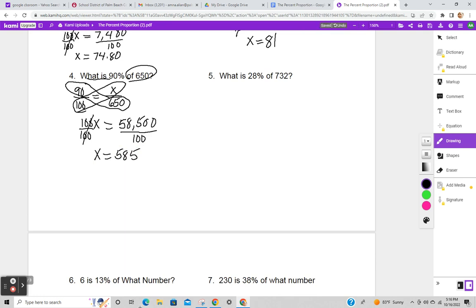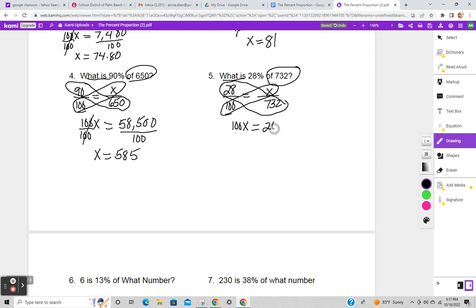Okay, I'm going to go ahead and go to the next one. 28% over 100. I have my number that goes with of. I don't have my number that goes with is. So put 732 here and x here. We'll take the cross product, 100 times x equals 28 times 732.